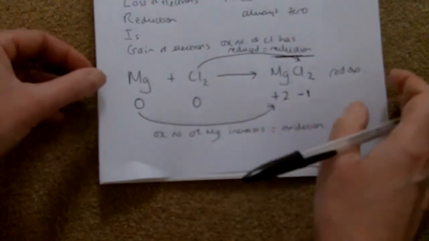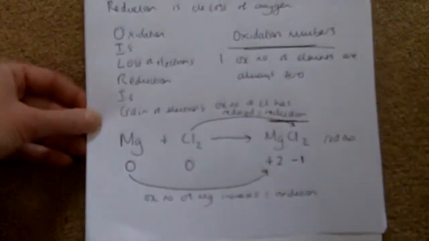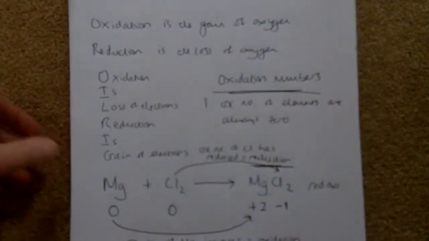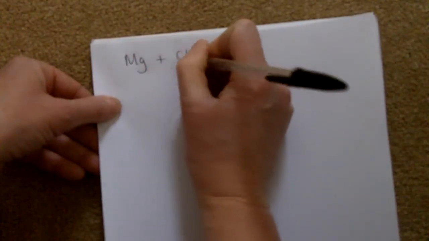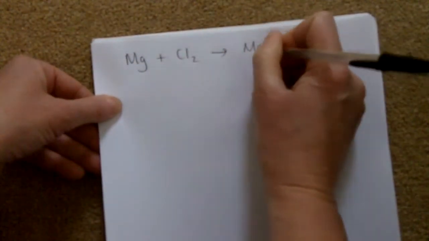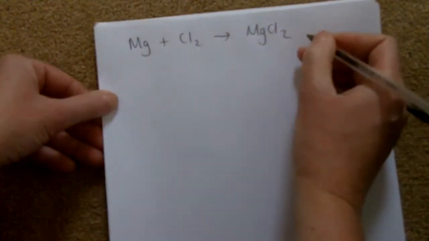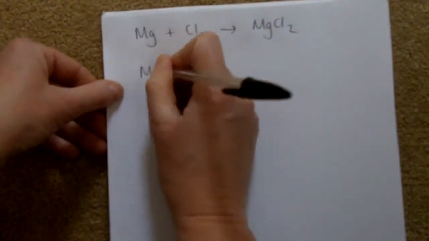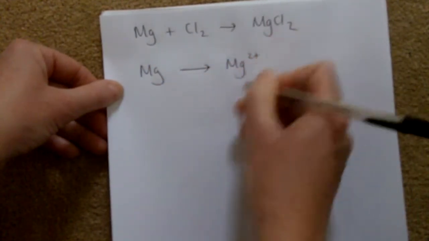I can also write 2 half equations for this reaction to show what is happening here. Let's go back to the overall chemical equation. If we just focus on the magnesium, it has become Mg2+.